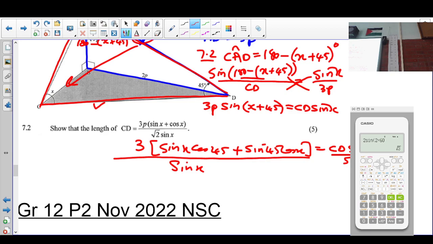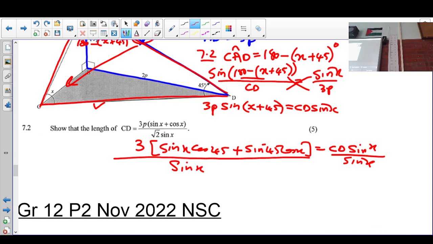Then take a calculator away. Right, so that will cancel. So therefore CD is equal to, that is 1 over root 2. That one here is 1 over root 2.